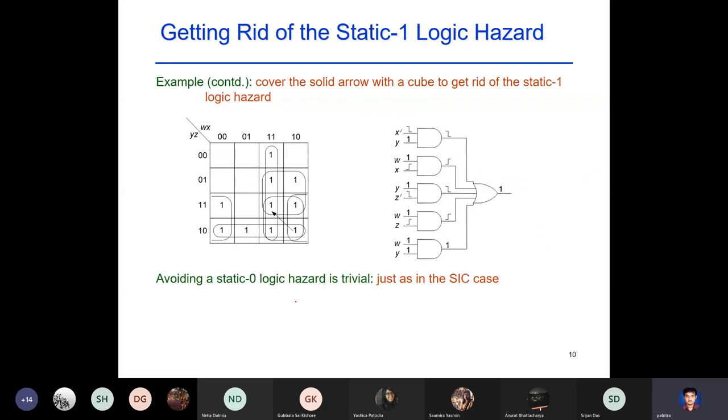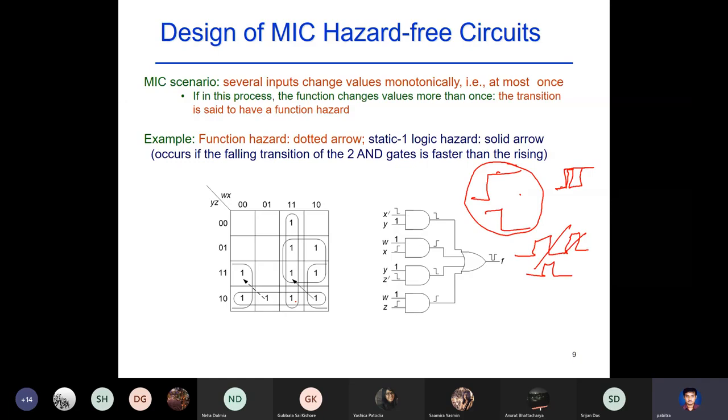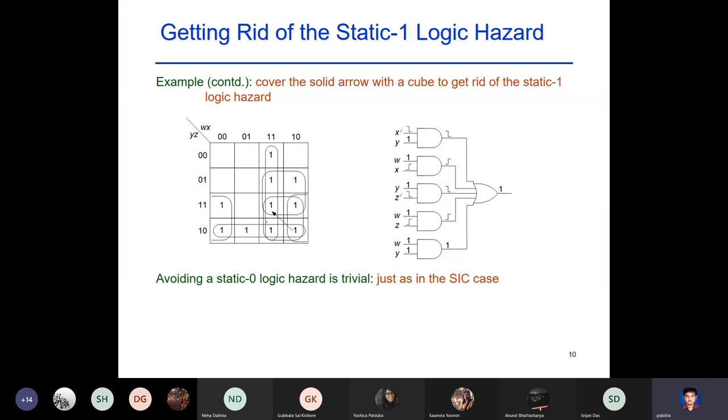So you look at each of the transitions. This is a transition. And what is the transition cube? This will be the transition cube, everything that is reachable.